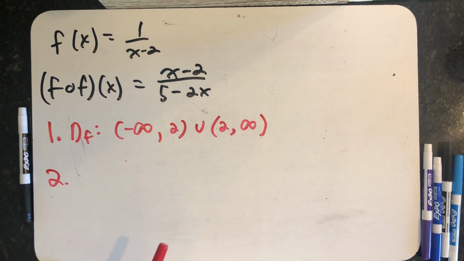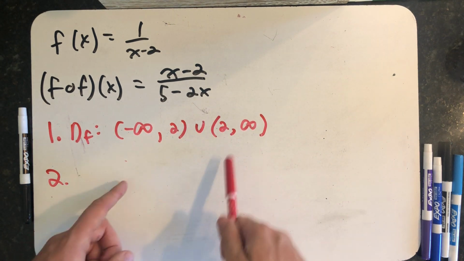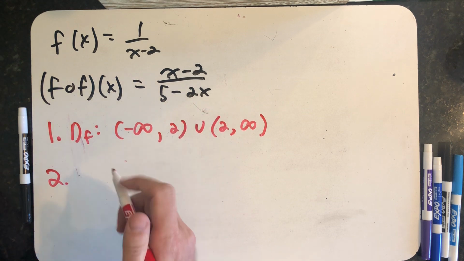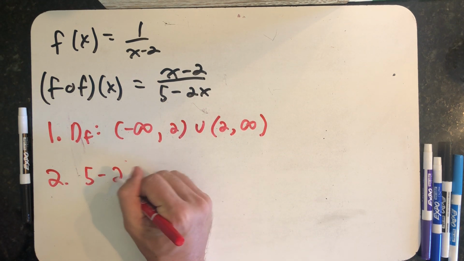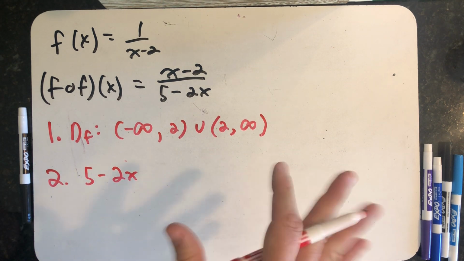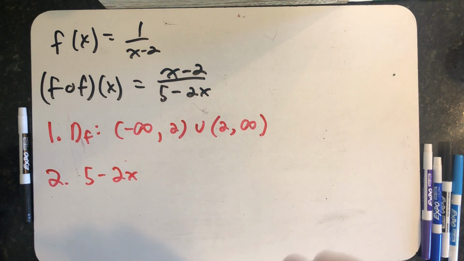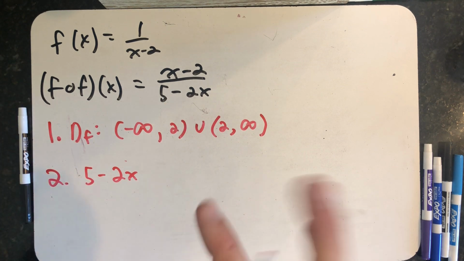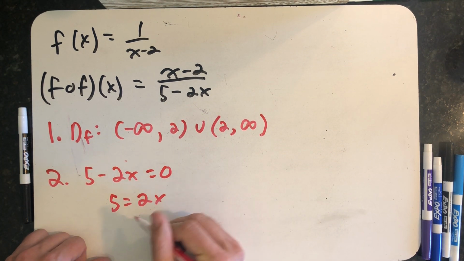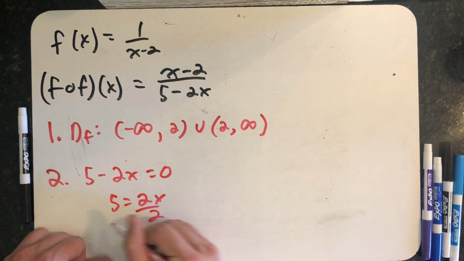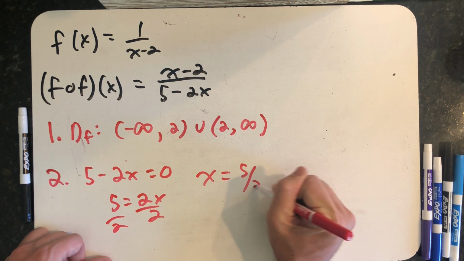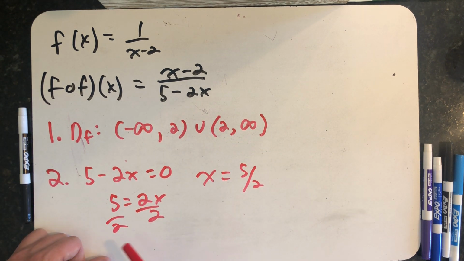Now what I need to do is look for any values of x here that don't work in this new formula. And again, the only thing I'm worried about is dividing by 0. If this had an even root in it, I might be worried about negative values under that root, but this problem I'm worried about dividing by 0. Add the 2x to both sides, divide both sides by 2, and I find out that if I had x equal to 5 over 2, I'd be dividing by 0.